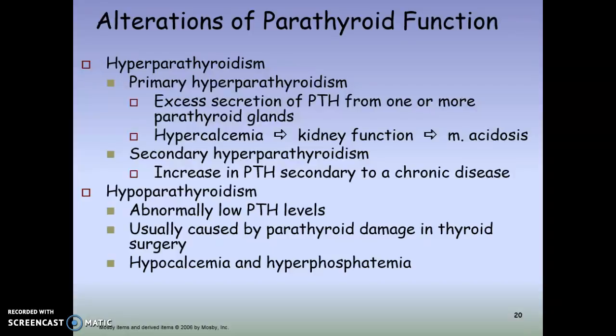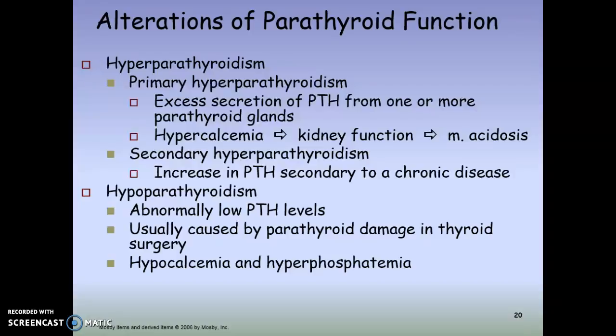Because of how those glands are situated right on the back of the thyroid, it's so easy to damage the parathyroid or even just completely take them out when a thyroid is removed. So if you have thyroid issues, the physician, the endocrinologist, is probably going to try to treat it without surgery, first round, to see if they can protect that tissue.